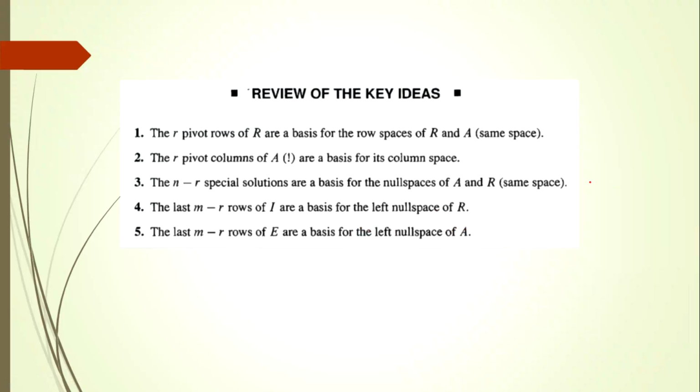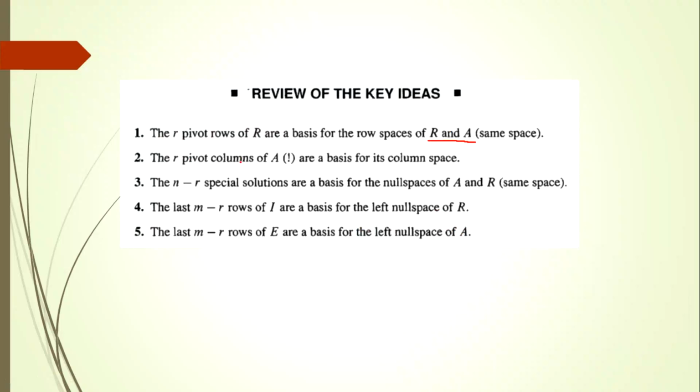Okay. Now let's review the key ideas for this section. The r pivot rows of R, the RREF matrix R, are a basis for the row space of R and A. They are equivalent, right? For the RREF matrix R and the original matrix A, they are the same. So is the same for columns.